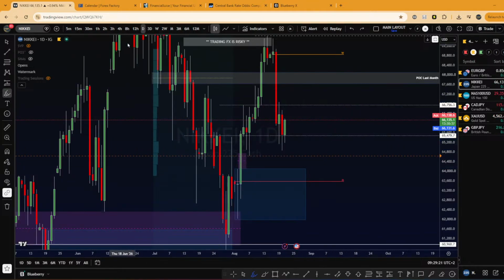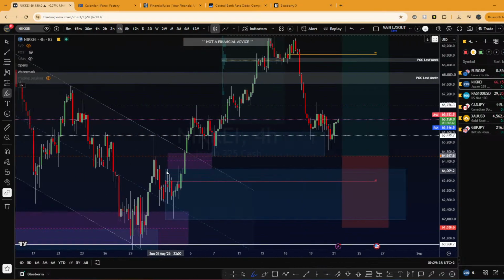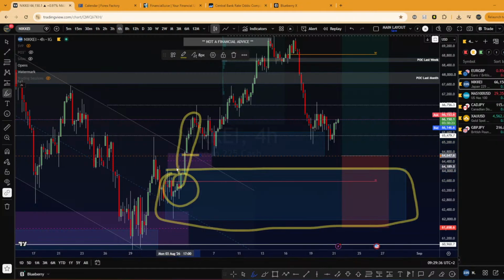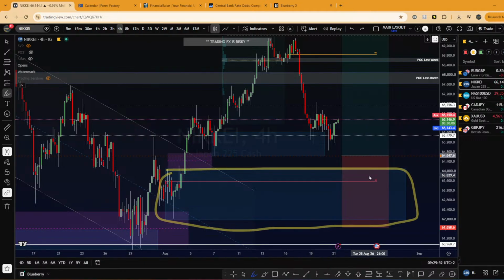Okay, so let's go down on daily. As I said, we have another demand here. This is demand because we have a huge impulsion, you see, leaving behind some imbalance. This is a characteristic for me of a demand. So if we retest this level here, I will be happy to buy because this is a nice level on demand, and we are at extreme discount price.